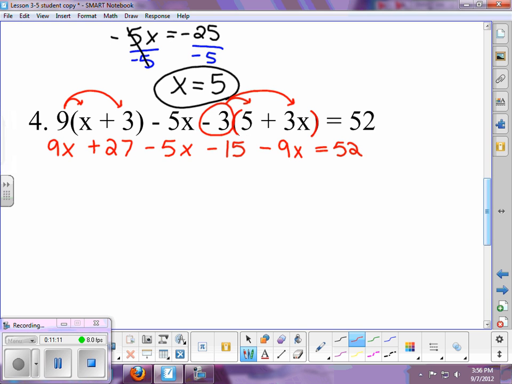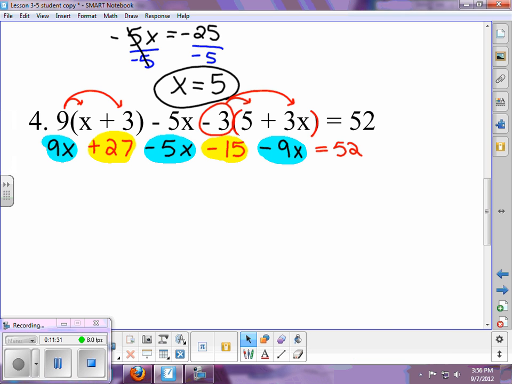Okay, still we are dealing with a pretty long problem here, so let's see what like terms we can combine. On the left side, it looks like we have a like term of 9x, a minus 5x, and a minus 9x. We also have like terms with the constants of plus 27 and minus 15.